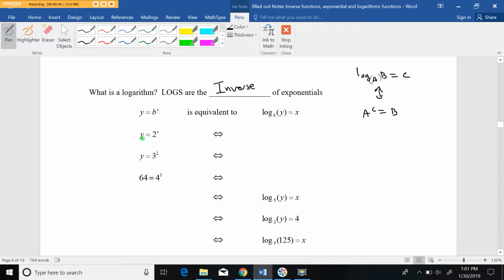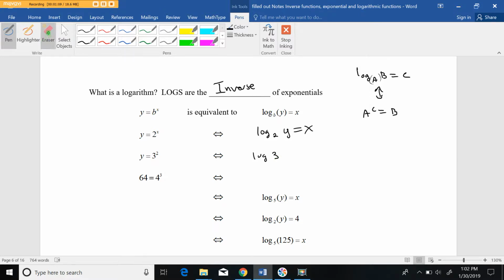So right here, if we have y equals 2 to the x, the base is 2, so this is equivalent to log base 2 of y equals x. Let's see, 2 to the x equals y, yep. This one right here, the base is 3, so this one is log base 3.